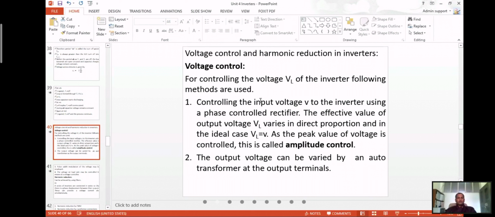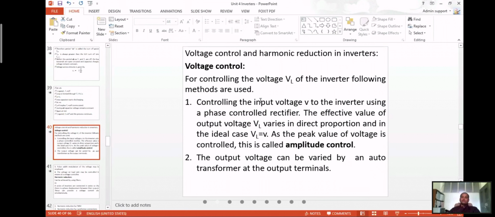At the same time, we can control the output voltage and reduce the harmonics, because harmonics are unwanted signals. There are so many techniques, like harmonic reduction transformers, which can remove the harmonics.